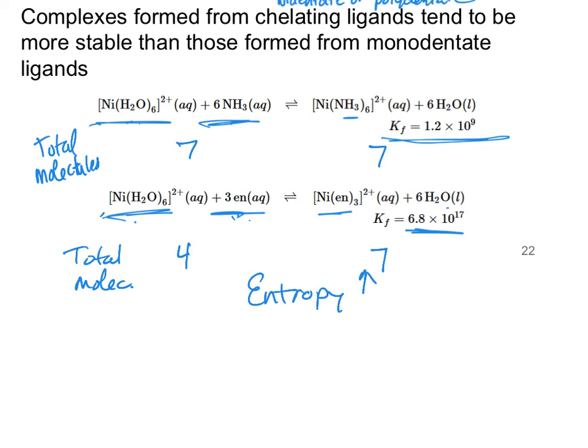Okay, do you see that same increase with that first example? No, so we replaced 6 water with 6 ammonia in that first example. So there's no change in entropy. But in the second example, we see a huge change in entropy because it's a larger number of molecules that end up on the product side.